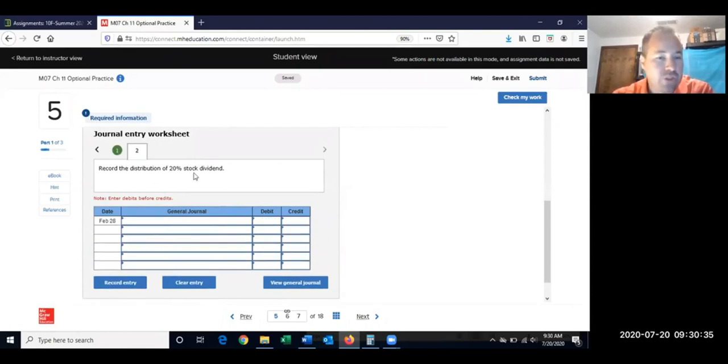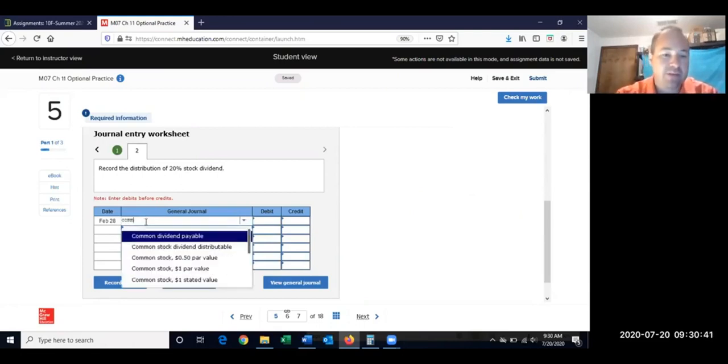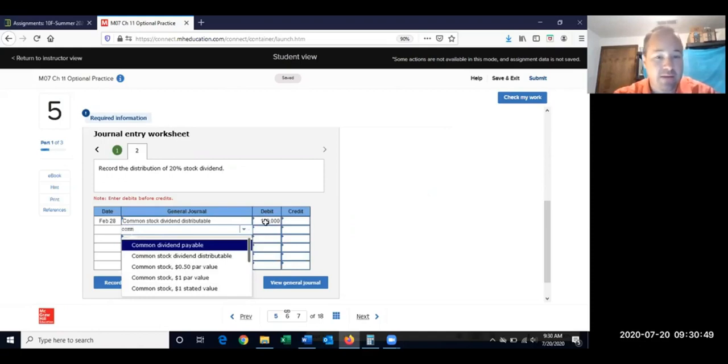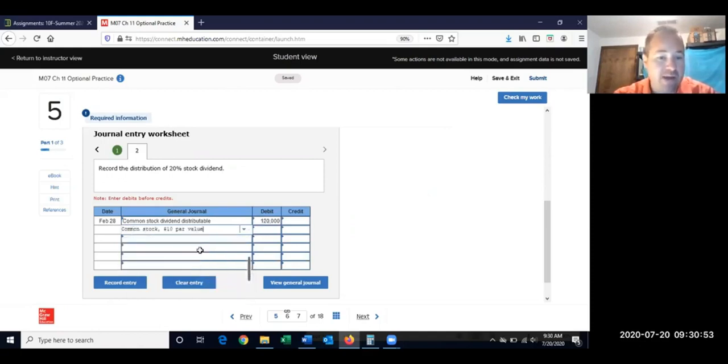And then all we've got to do is show that on the 28th, when we actually give out the stock, all we're going to do is debit this distributable. It's no longer distributable because I'm actually giving it out as common stock. And common stock, remember, had a $10 par value in our example up above. So that's what we're going to credit.